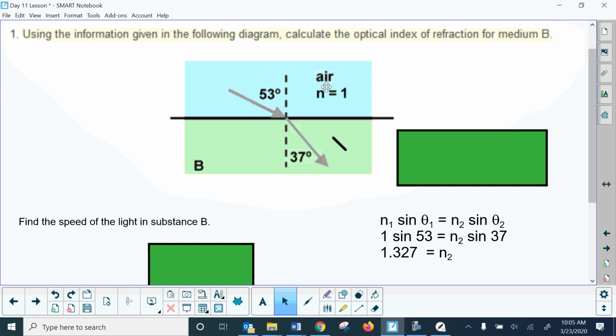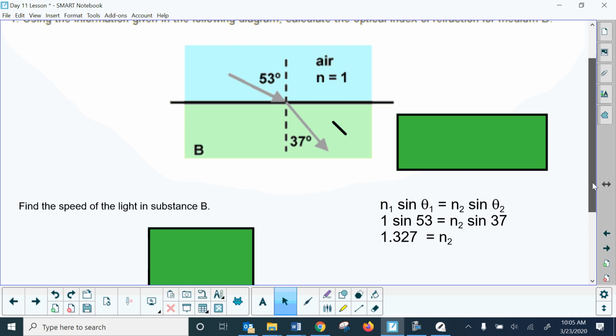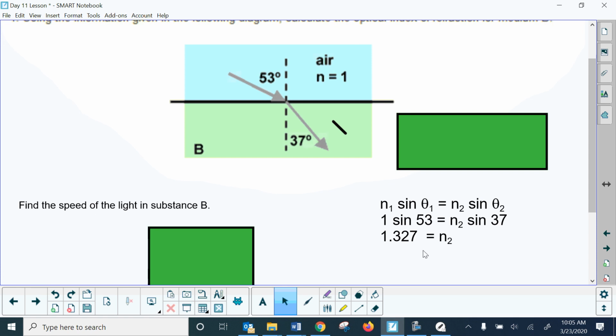So 1 is the index that it starts out in, sine 53 degrees for the angle 1 that it hits the boundary at, because again, we're measuring from the normal to the ray. And then they give you the angle that it bends at is 37 here, and we've got to look for n2. So when you do the math, you do 1 sine of 53, and then you would divide by the sine of 37. And I think I skipped a step, but when you put that in your calculator, you should get 1.327. That's the right value.